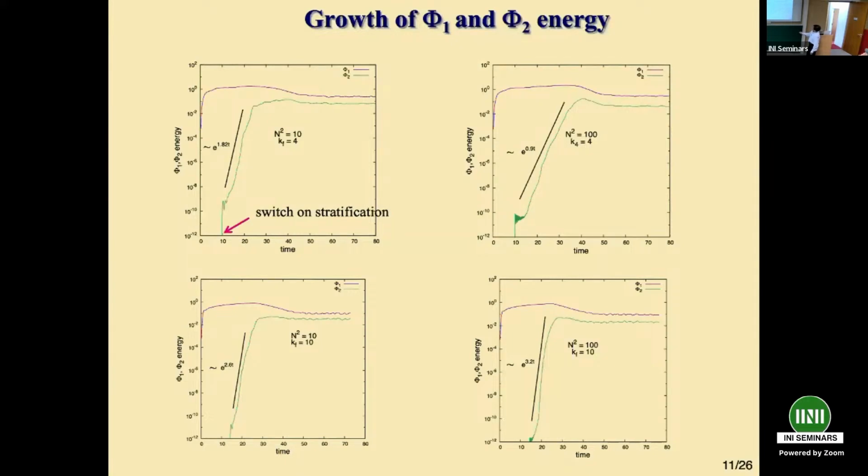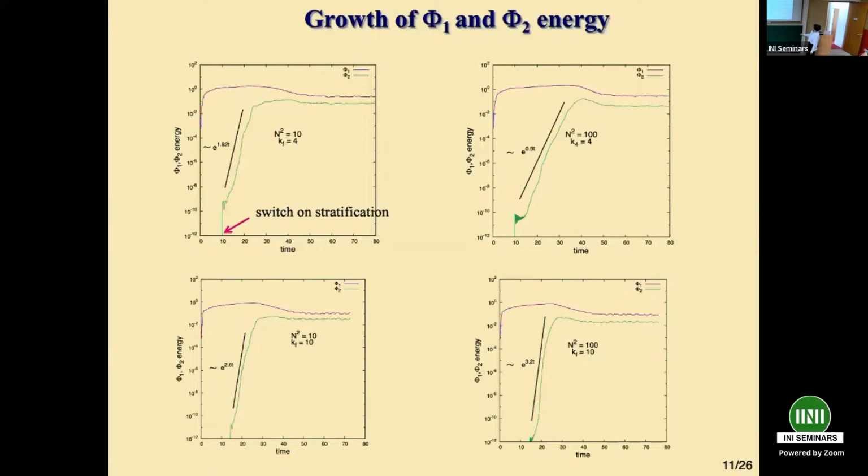And then after a certain time, we switch on stratification. The purple line is phi1, which is horizontal. Then we switch on stratification, and the coupling begins between waves and vortices.